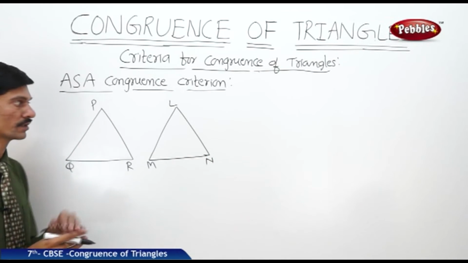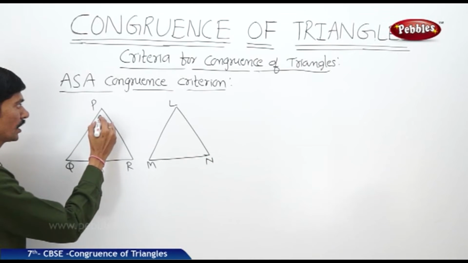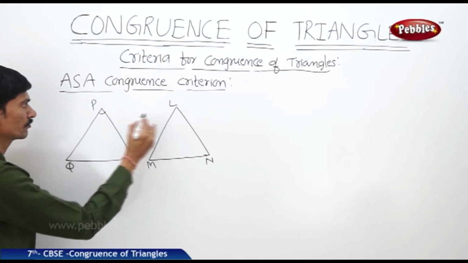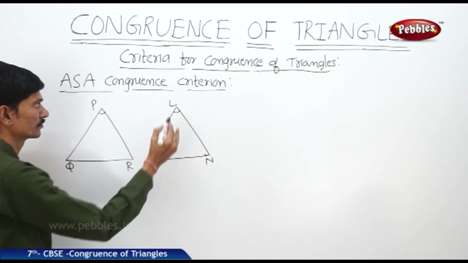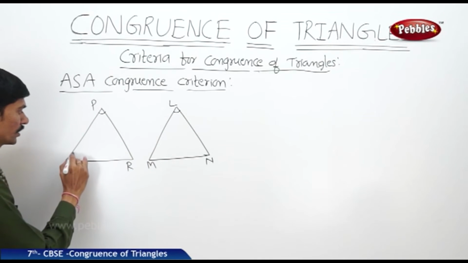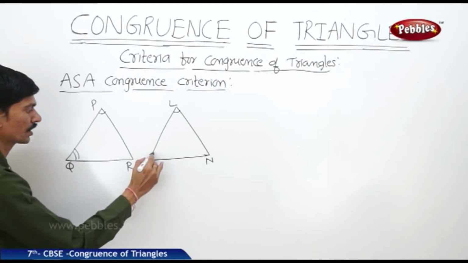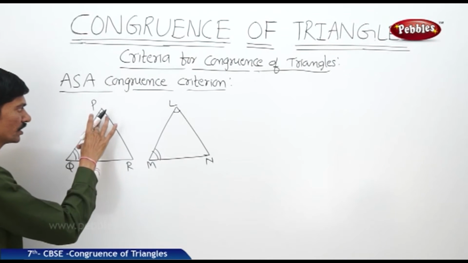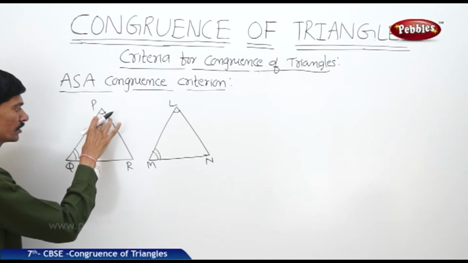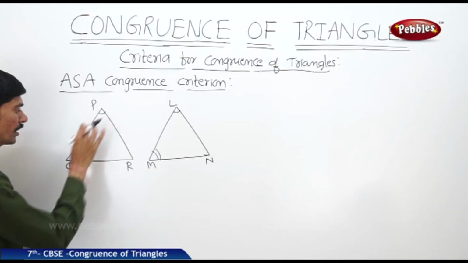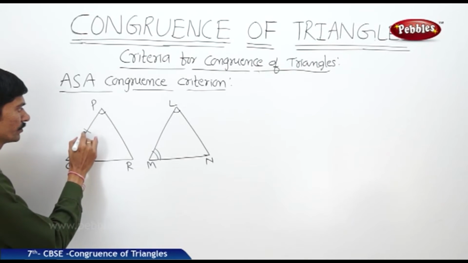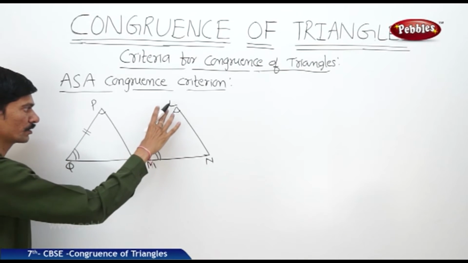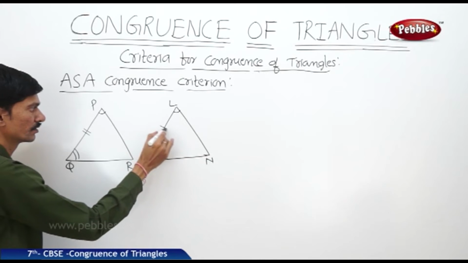Now in these two triangles, angle P equals angle L and angle Q equals angle M, and what is the included side between these two angles, between angle P and angle Q? That is PQ. So here PQ, and here also the included side is LM.